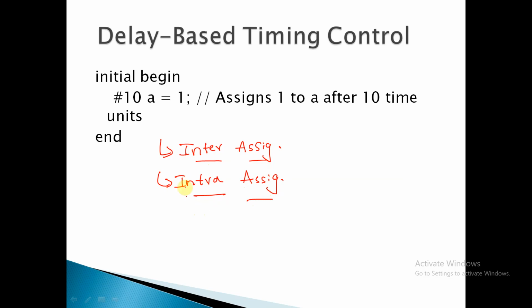Coming to inter assignment delay, the delay value is specified on the left hand side, whereas in the case of intra assignment delay, the delay value is specified on the right hand side. This is nothing but our intra assignment delay.